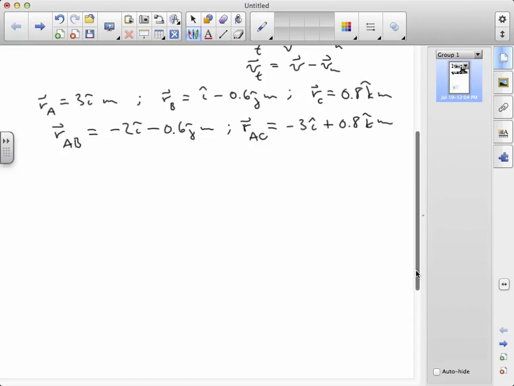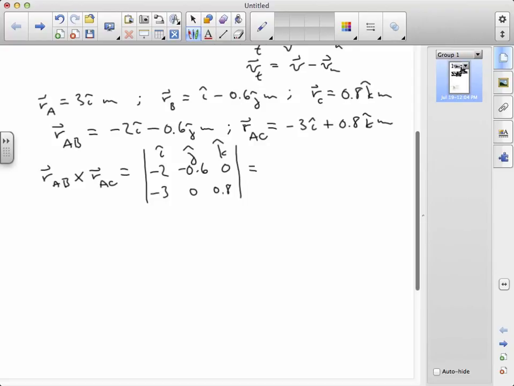The direction of our unit normal is found from RAB cross RAC. And our components are minus 2, minus 0.60, and minus 3, 0, and 0.8.